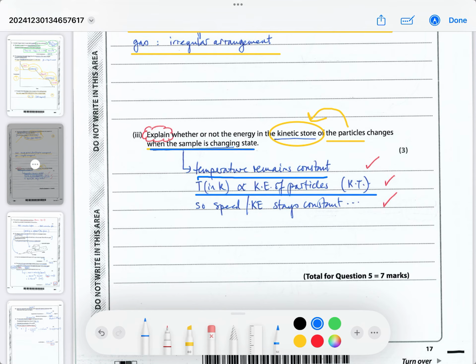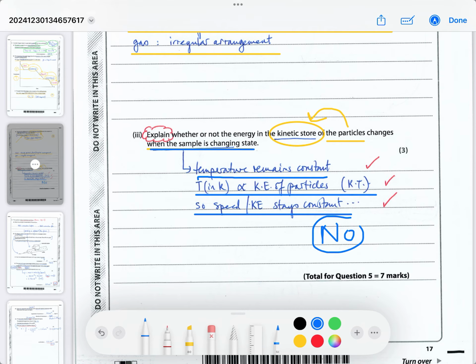Okay? So, if the speed stays constant, the kinetic energy stays constant, yeah? So, therefore, it wants you to explain whether or not the energy in the kinetic store of the particles changes. The answer is no, it doesn't.